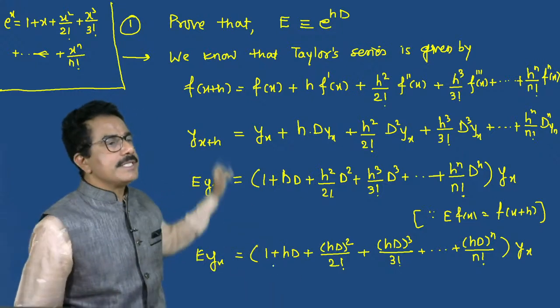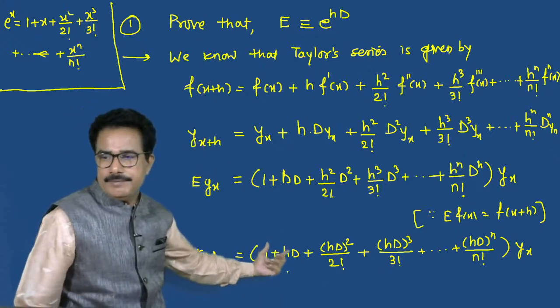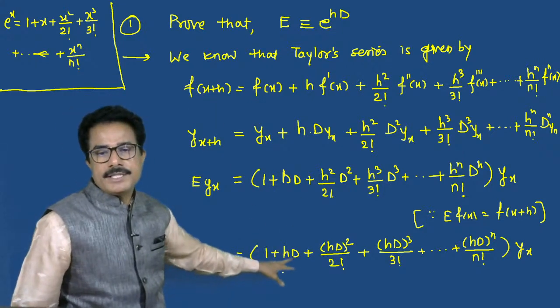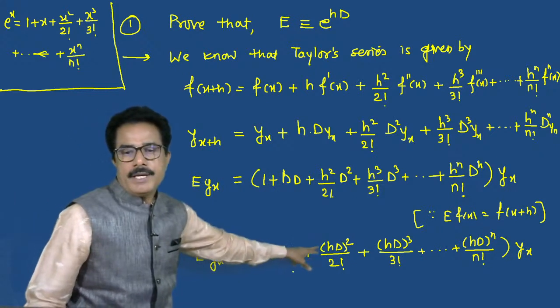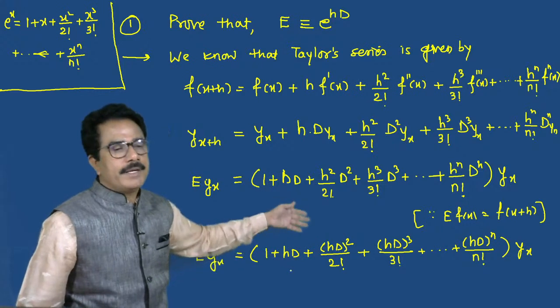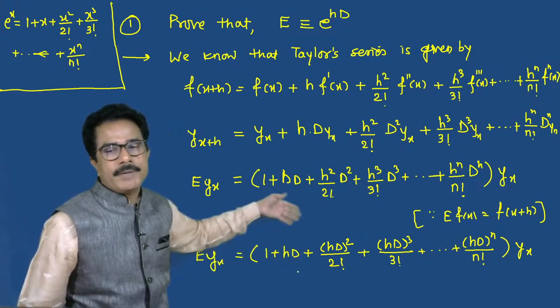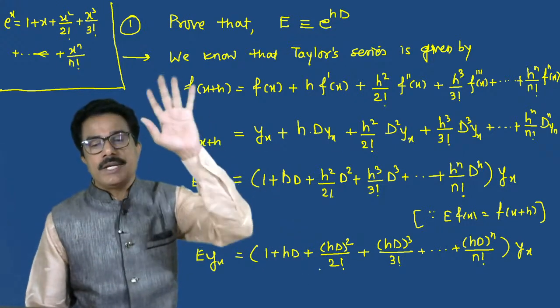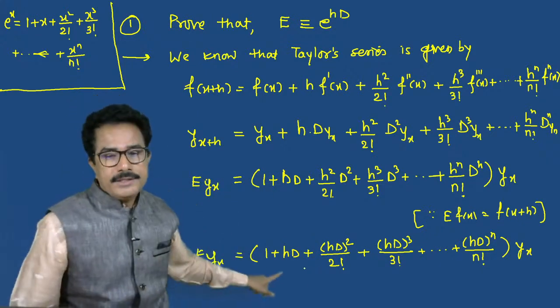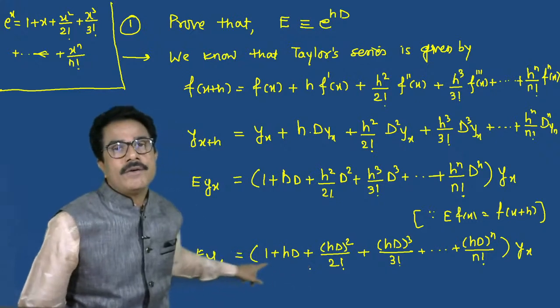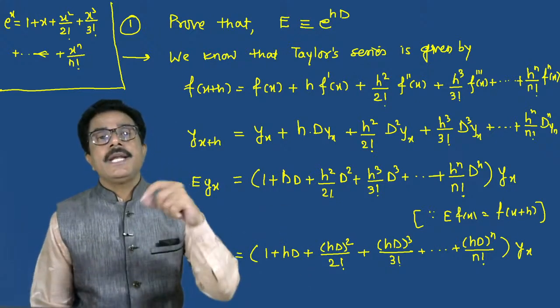So if we consider x as hD, then 1 plus x plus x square divided by 2 factorial plus x cube divided by 3 factorial plus dot dot dot x raised to n divided by n factorial. If we consider this x, then this is the expansion series of e raised to x.